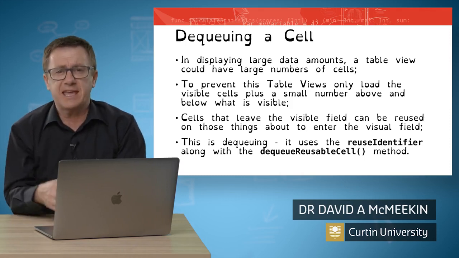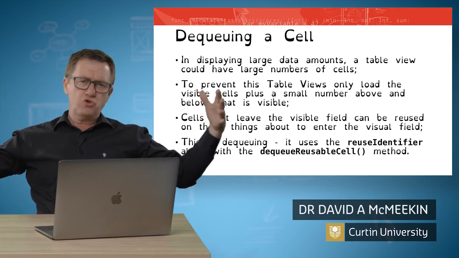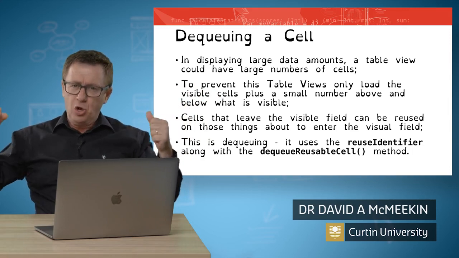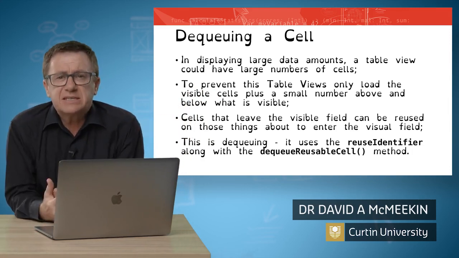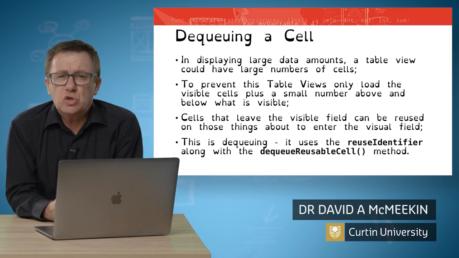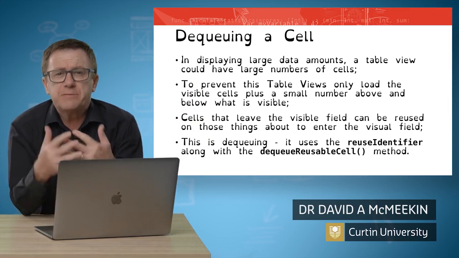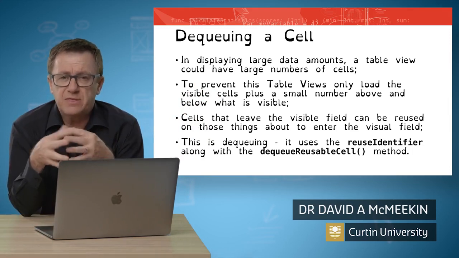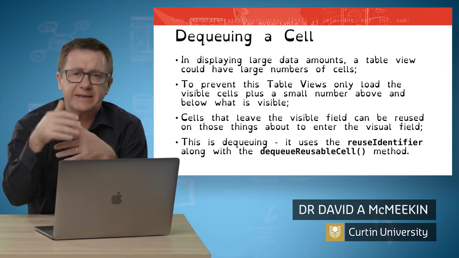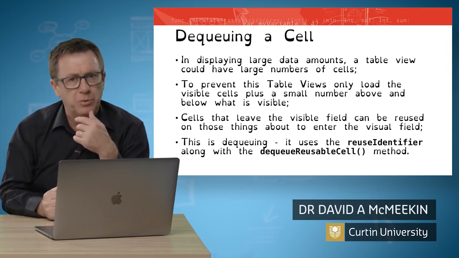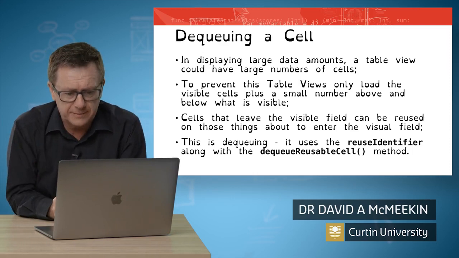To prevent table views from getting huge and unwieldy, it's taken care of for us so that only the data that's within the view that we can see and a couple above and a couple below are actually loaded.